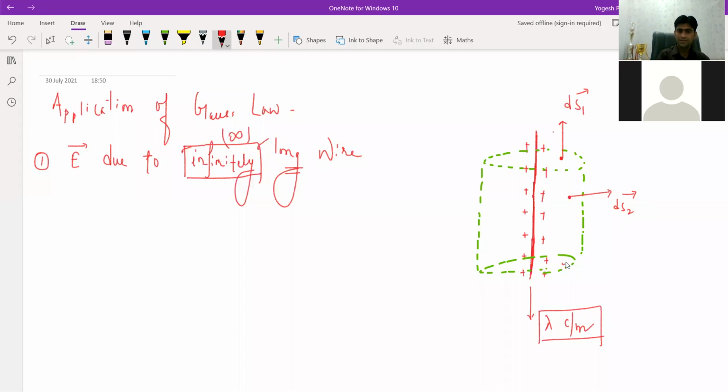And the third surface we'll take with the perpendicular area vector ds3. So ds1 is the area vector for the upper surface, ds3 is the area vector for the bottom surface, and ds2 is the area vector for the curved surface. Any doubt up to this point? No, sir. Now coming to the direction of electric field.